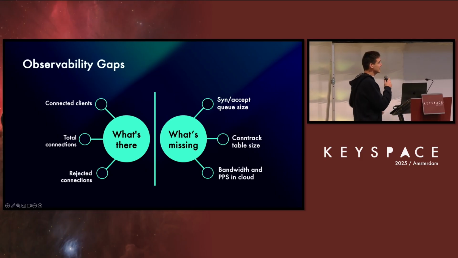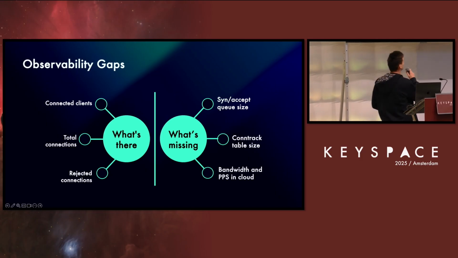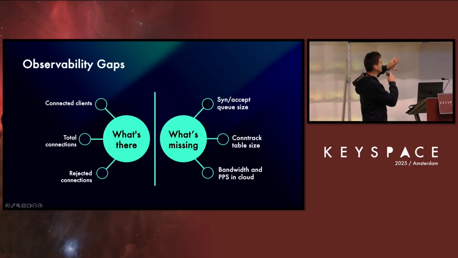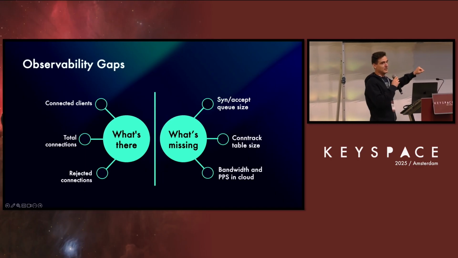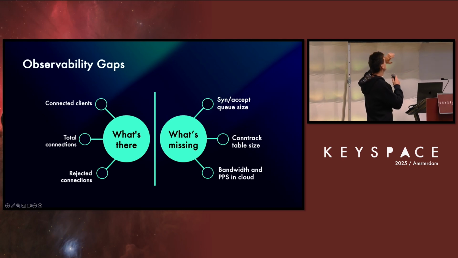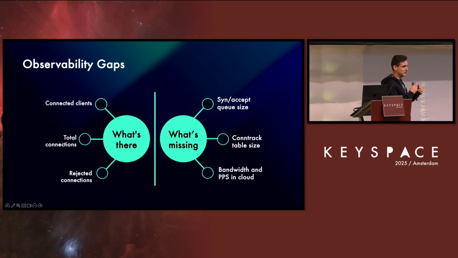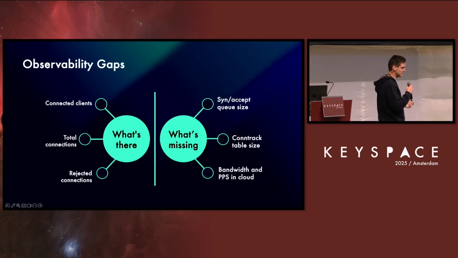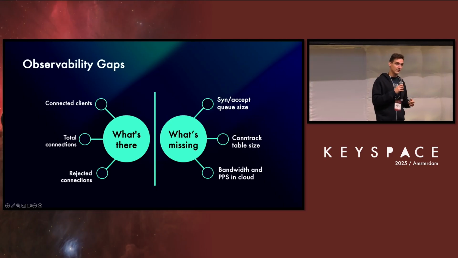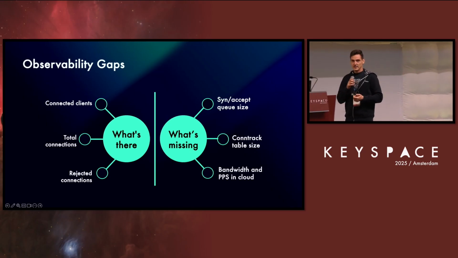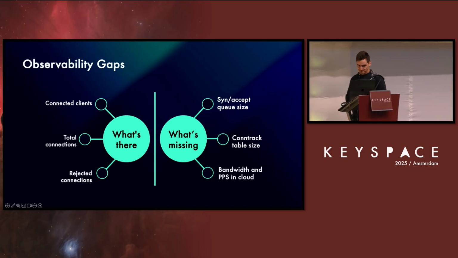So in the original horror story that I tried to tell at the beginning, what was actually missing? What people usually put on the Valkey-related dashboards, related to network, of course, are the number of connected clients, total number of connections, active number of connections, number of connections that Valkey rejected, etc. But as I said, it doesn't tell the full picture.